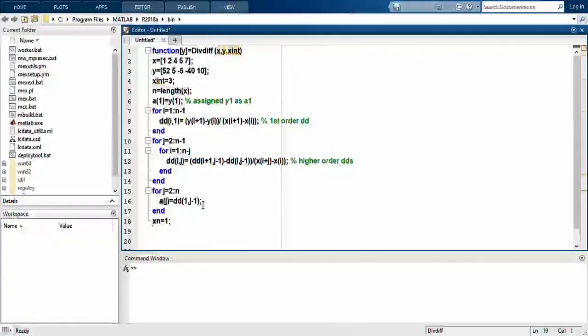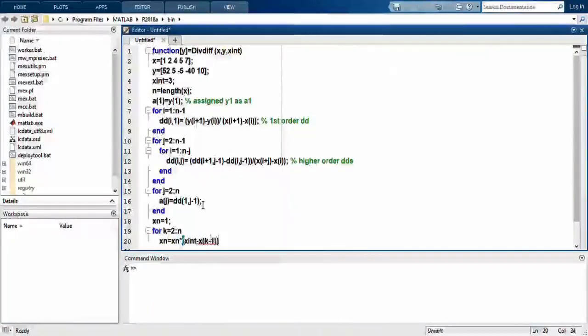And for k equals to 2 to n, xn is equal to xn multiplied by x int minus x of k minus 1.